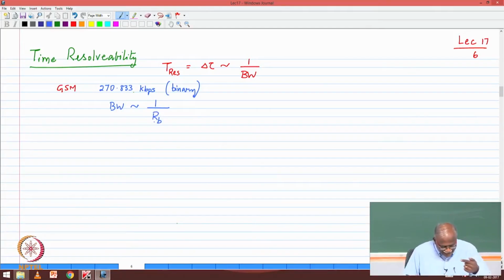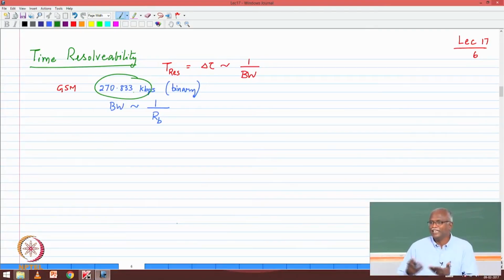But before that, just an incidental note: one of the students asked after the class why this really weird number, 270.833? Couldn't they have made it 271 or 270? That would have sounded much better. It turns out that a 13 megahertz crystal was easily available. Most of your receivers must have a frequency reference. Dividing the 13 megahertz frequency by an integer turns out to be easier from a circuit implementation.